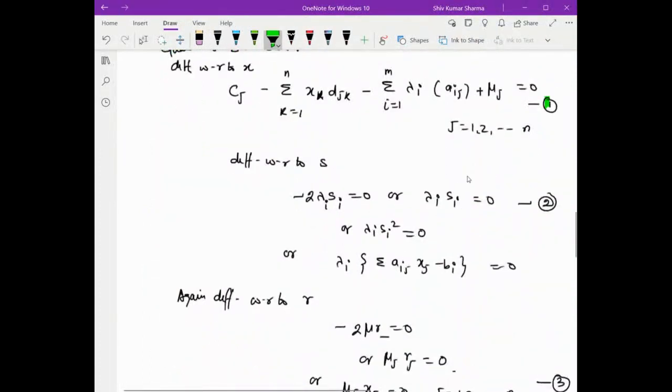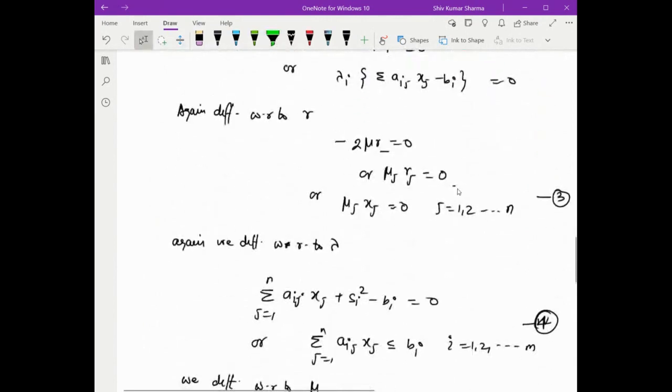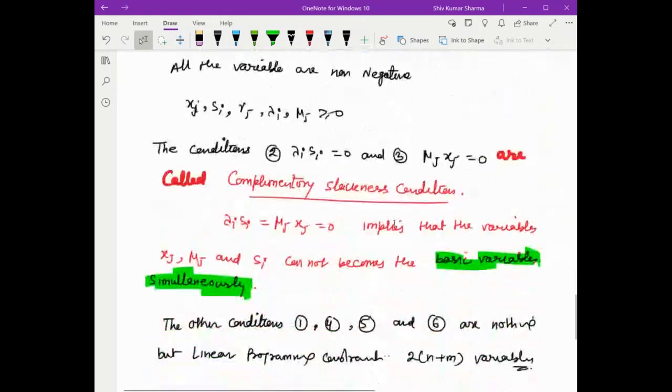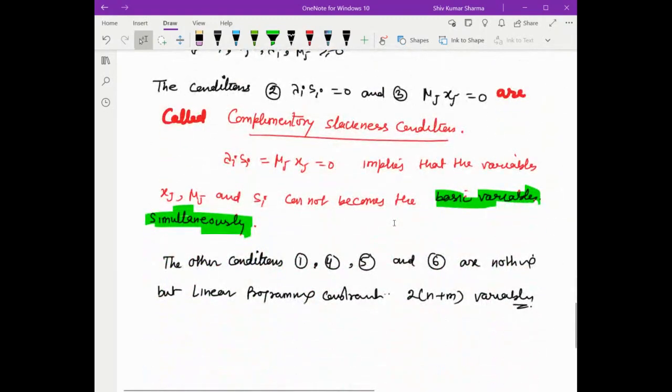That means this is the first equation, this is the second equation. We make maximum use of lambda i si equal to 0 and mu j xj equal to 0. This is equation number 3. And you have to remember that xj, mu j and si cannot become basic variables simultaneously.